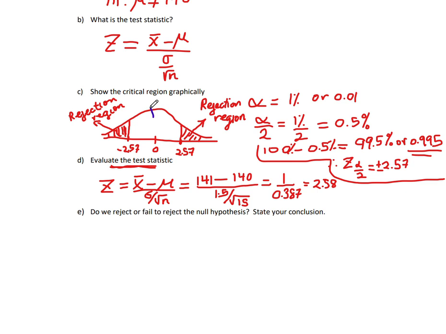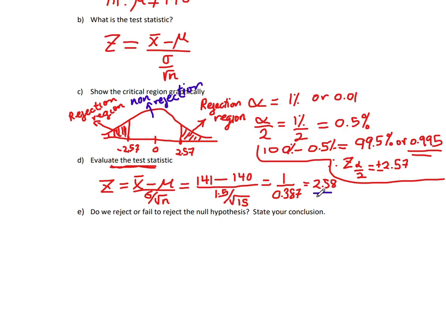So this region, as I indicated earlier, that is not shaded is the non-rejection region. So any calculated value that falls in the non-rejection region here would lead us to the conclusion of not rejecting the null hypothesis. All of this area here is non-rejection, the unshaded region.